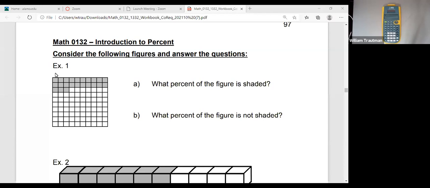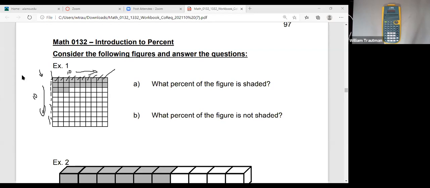So if we look at this first problem, let's count how many squares we have. 1, 2, 3, 4, 5, 6, 7, 8, 9, 10 across, and 1, 2, 3, 4, 5, 6, 7, 8, 9, 10 going down. 10 across, 10 down.